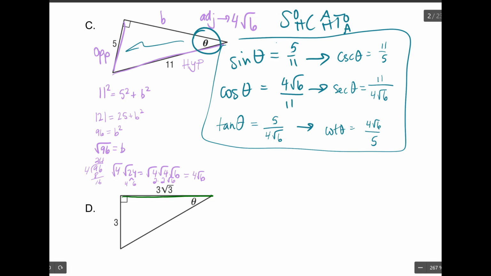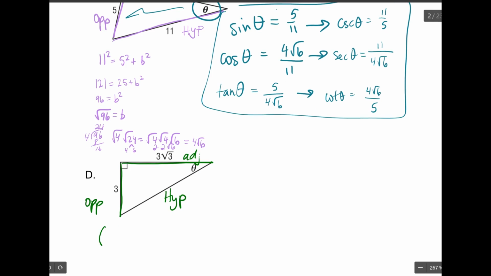So I have my adjacent side is 3√3. My opposite side is 3. And then I need to find my hypotenuse. Let's see. So 3 squared plus 3√3 squared equals c squared, the hypotenuse.